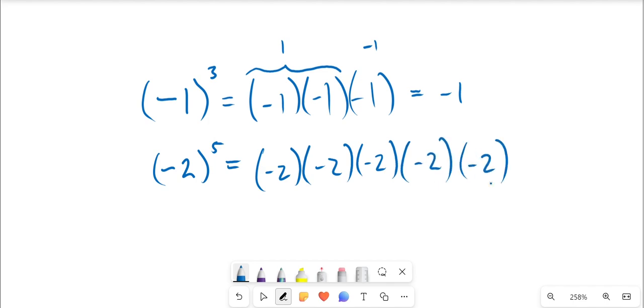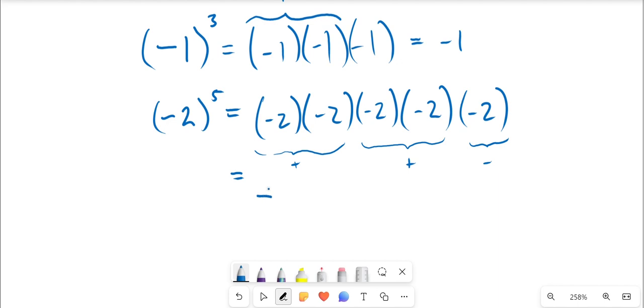And then we need an odd one. And the negative sign of each, well, there's going to be a positive sign associated with each one of these, and then a minus sign associated with this one. And so the overall thing winds up being negative. And if I just do 2 times 2 times 2 times 2 times 2, so this is 4, 8, 16, 32. So this is -32.